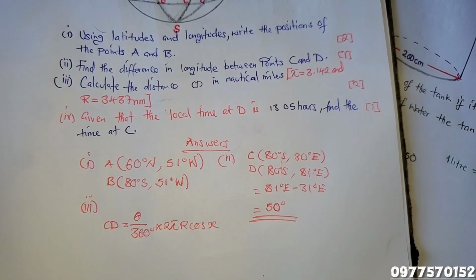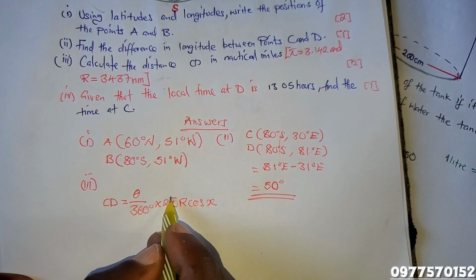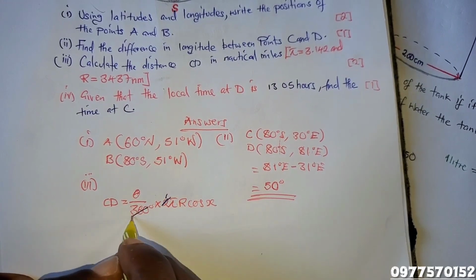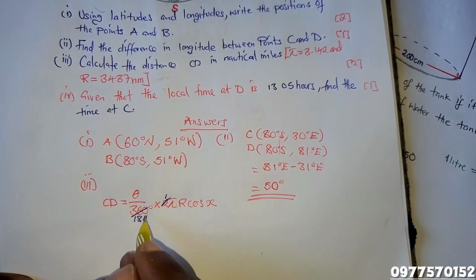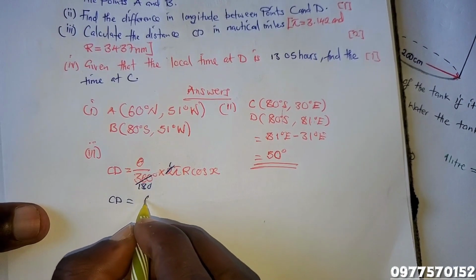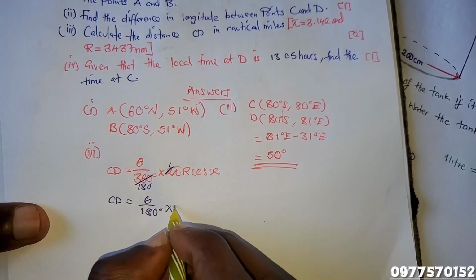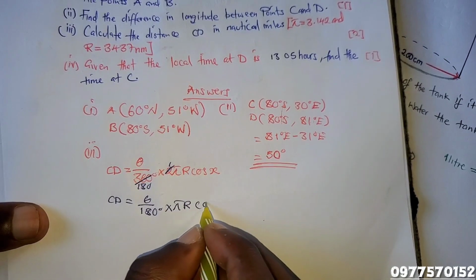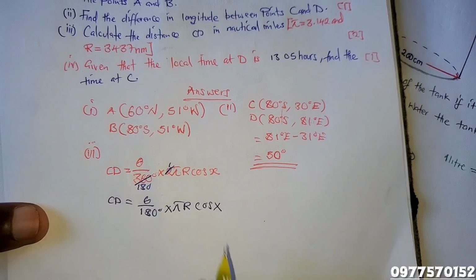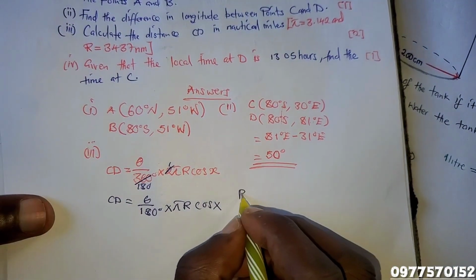This formula can be reduced, dividing by 2, to theta over 180 degrees times pi r cos x. Then, what is r?